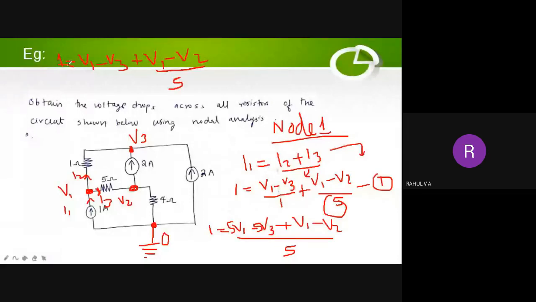Then I can cross multiply with this 5 into the other two terms: 5V1 minus 5V3 plus V1 minus V2, all divided by 5. Then this 5 I can take to that side. So 5 is equal to 5 plus 1 V1, so total 6 V1.